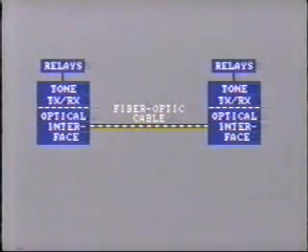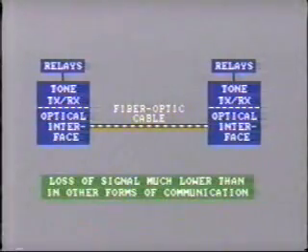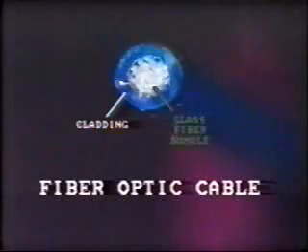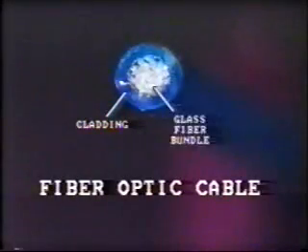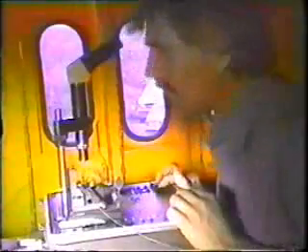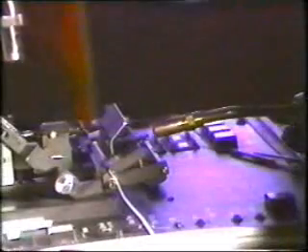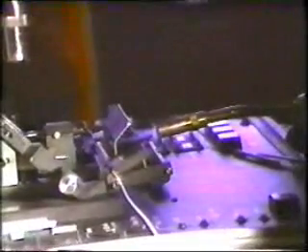An advantage of modern fiber optic communication is that the attenuation of signal, that is the loss of signal, is much lower than in other forms of communication. The fiber optic cable is made of glass or silica or a special plastic. It is very expensive, and so it must be handled with care during installation or repair.